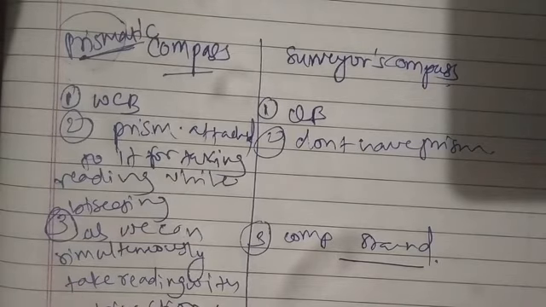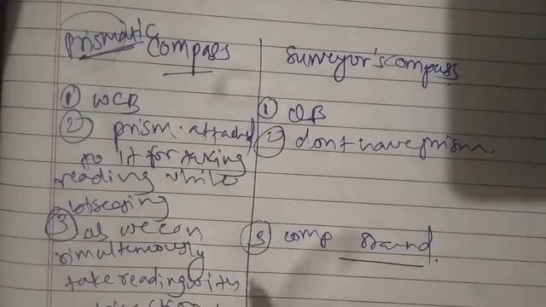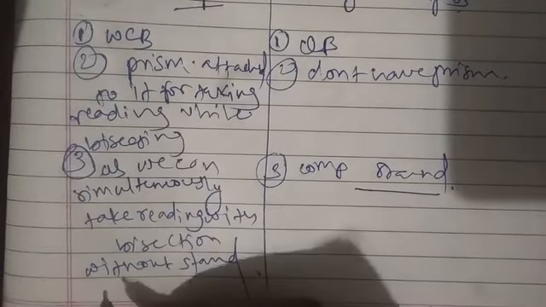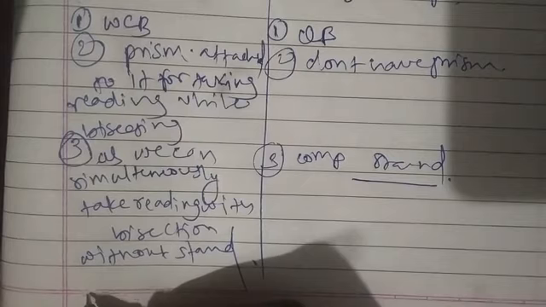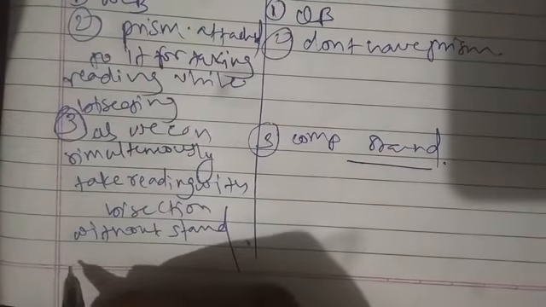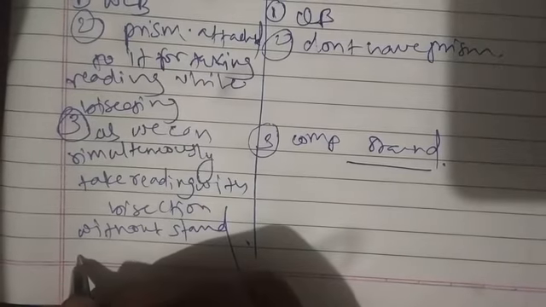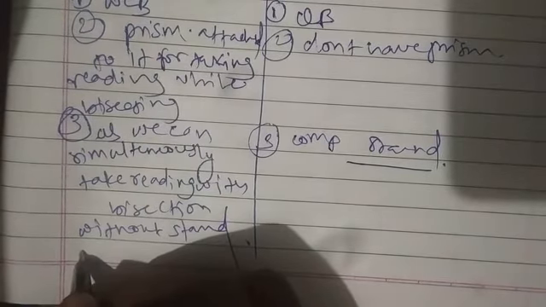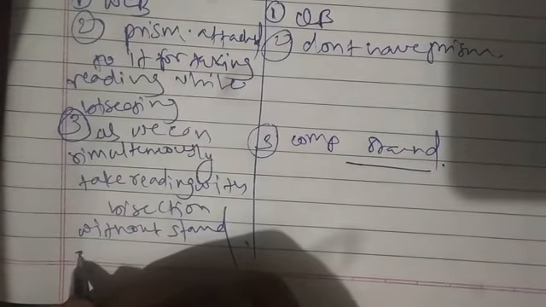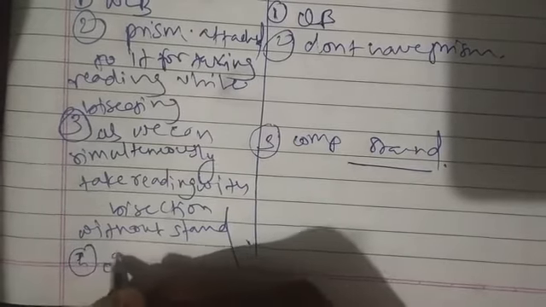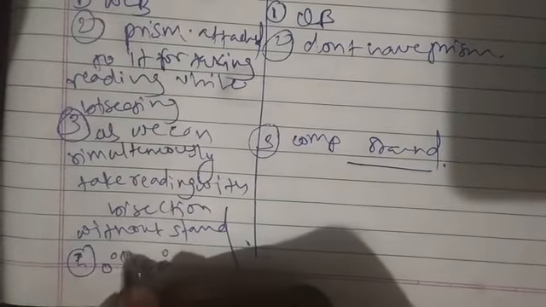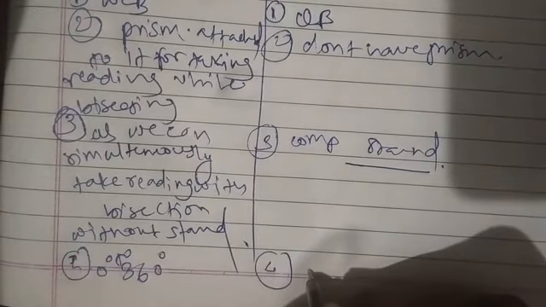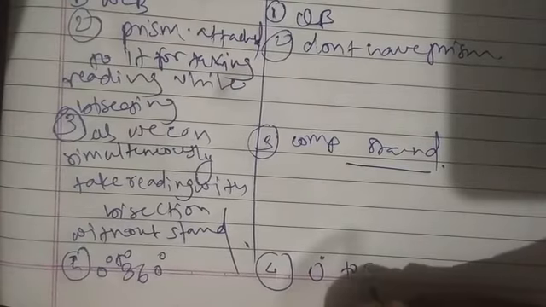Now the next point will be that the prismatic compass gives reading from 0 degree to 360 degree, whereas the surveyor compass gives reading from 0 degree to 90 degree.